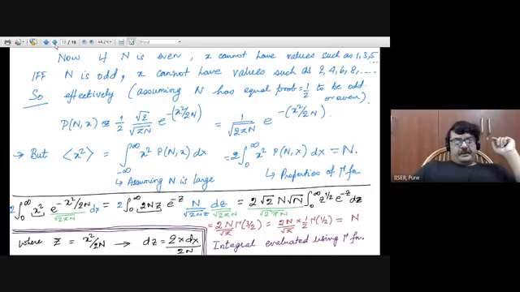Now, the catch is, if you notice, that if n, the total number of steps, is even, then the net displacement, in units of b, cannot have values such as 1, 3, 5, and so on. Why? Because if n is even, then either n plus and n minus both have to be even, and if you subtract the two, the net displacement has to be even.